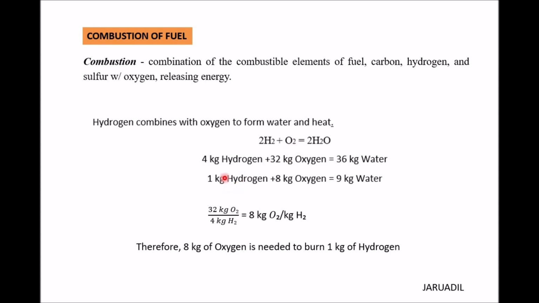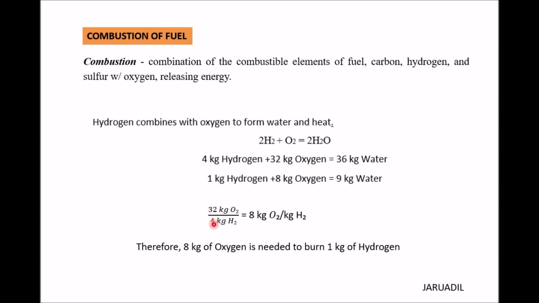So, therefore, kung i-reduce mo yan sa lowest term, i-divide mo siya sa 4 lahat. So, 4 divided by 4, 1. 32 divided by 4, that is 8. 36 divided by 4 is 9. Or, 32 kilogram of oxygen is required to burn 4 kilograms of hydrogen. So, ito ang reactants natin. 32 kilograms oxygen and 4 kilograms of hydrogen.